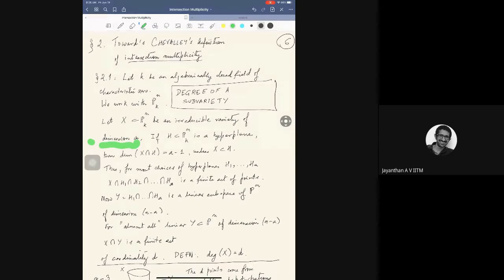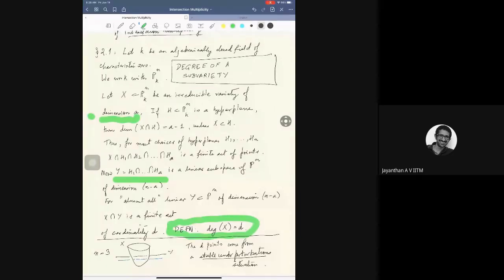Which means X intersected with this, which is a linear space of codimension a, I get a finite set of points. And for most linear spaces Y of that codimension, the number of points I get is constant, and that constant is the definition of the degree of X. So one has the notion of a degree of a variety.